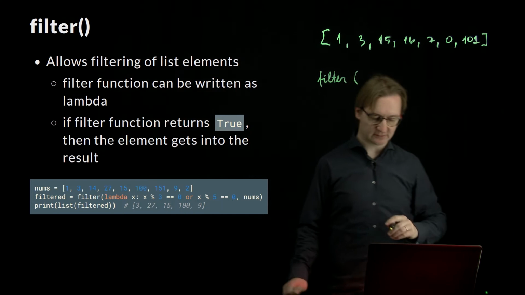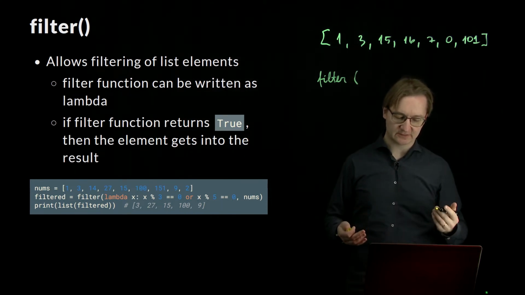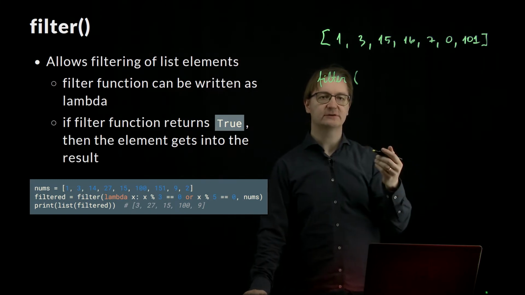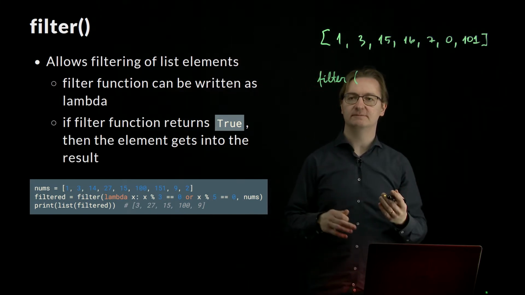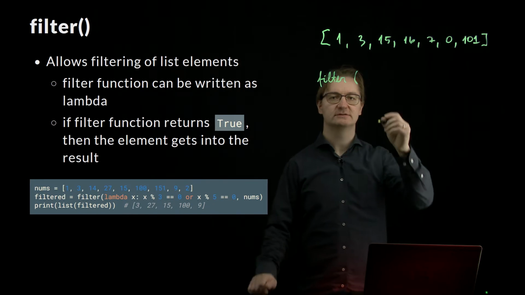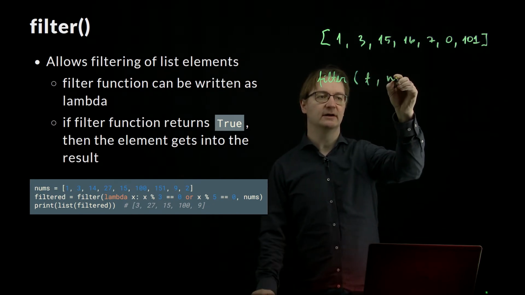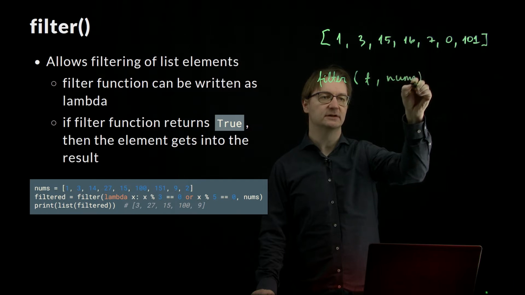Now the first argument is a function. And then we have this list. Let's start with a simple function. Let's have a function f, and we have this nums here.